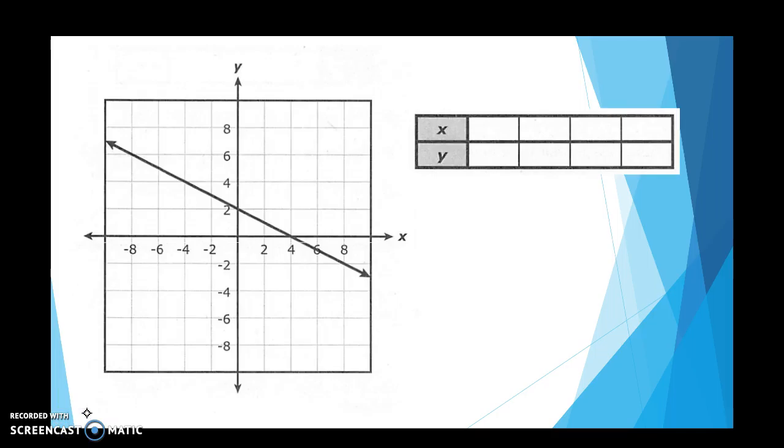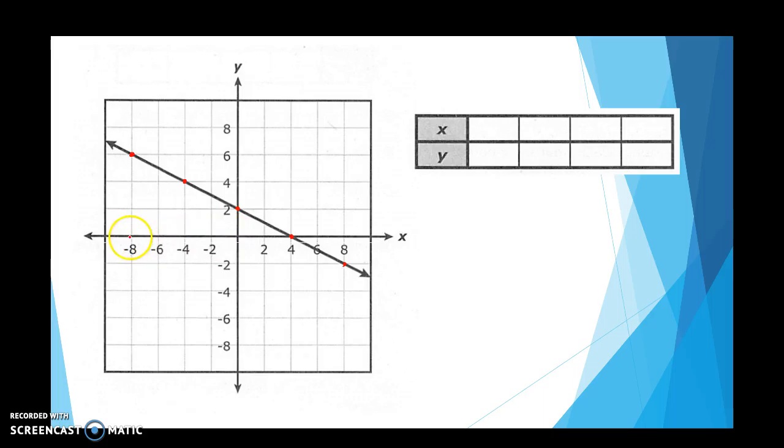All right, now let's look at an example. To take a linear relationship from a graph and put it on a table, you're always going to work from the left to the right. You want to identify points on the line where it goes through the grid. So I'm going to start here at -8, because with coordinates, you do x first.